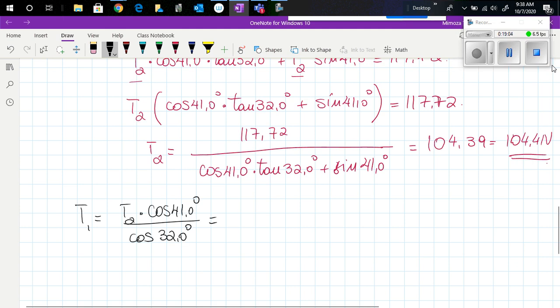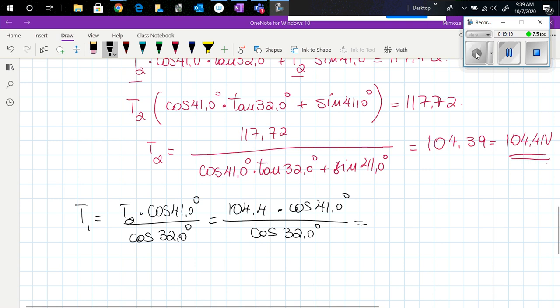So this will be the same as saying 104.4 times cosine 41 over cosine 32.